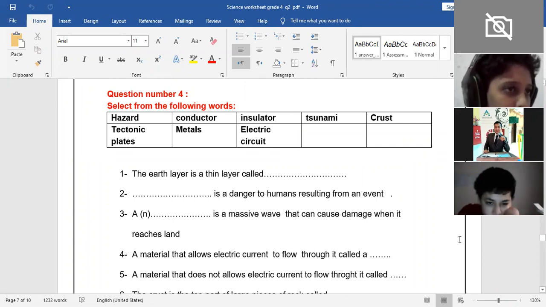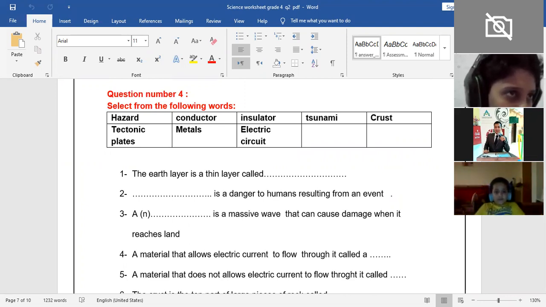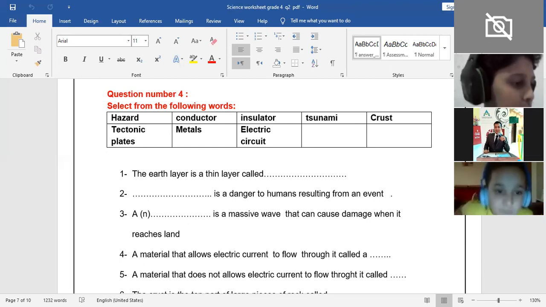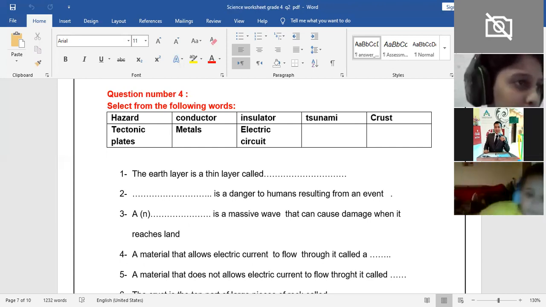Stop. Mister, this is not for us. I made a mistake. Wait, that's the plate. This is not for you. This is Grade 4. Wait, Grade 5. Conductors worksheet.